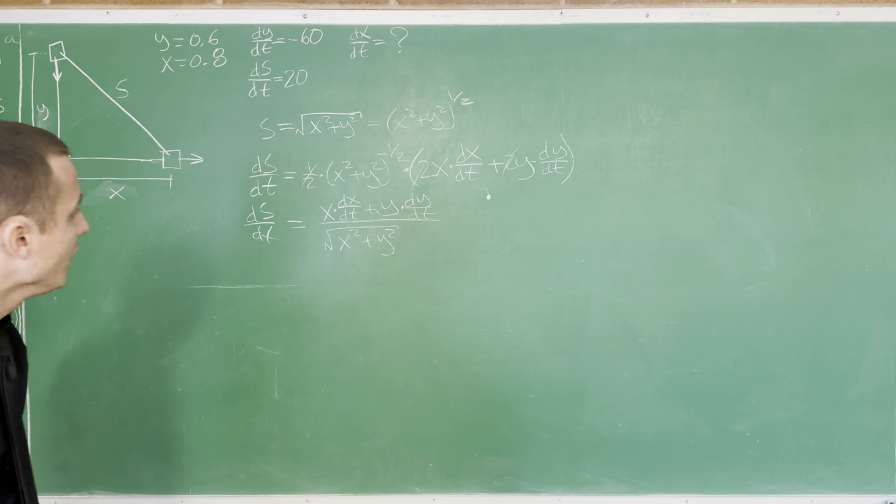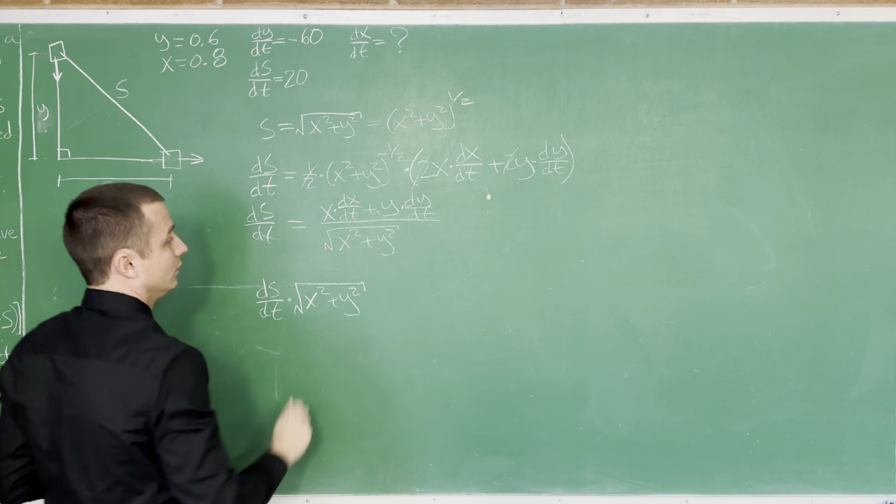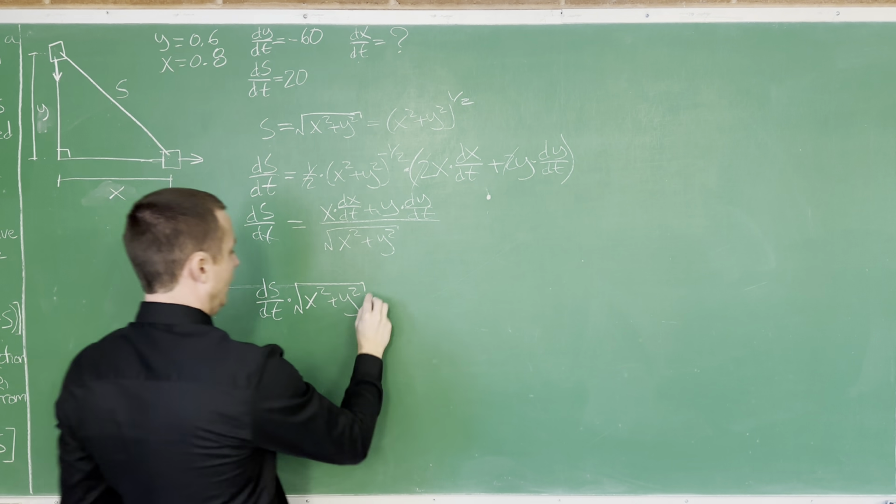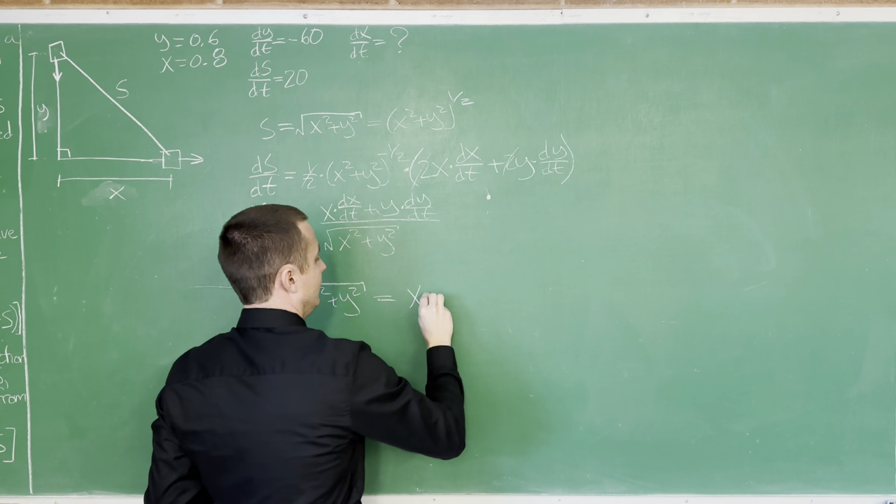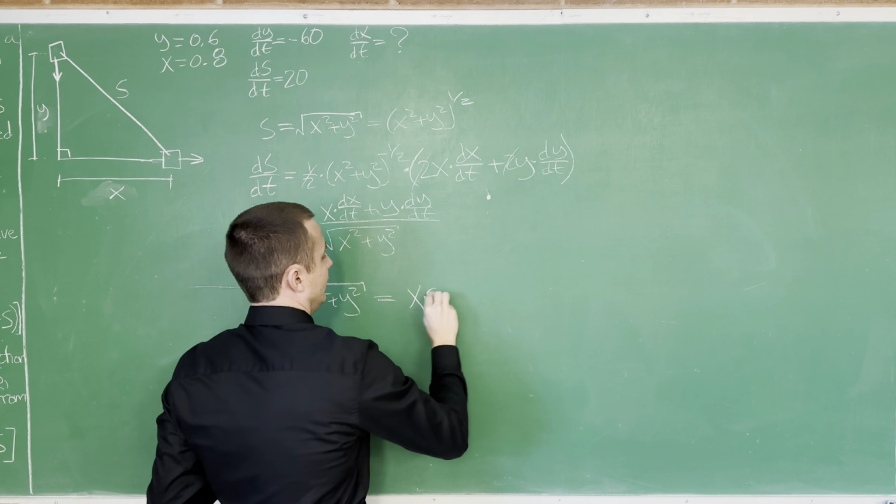So I'm going to have ds/dt times the square root of x squared plus y squared equals x times dx/dt plus y times dy/dt. Subtract this to the other side and then divide through by x.